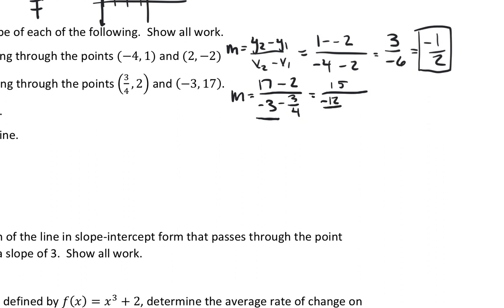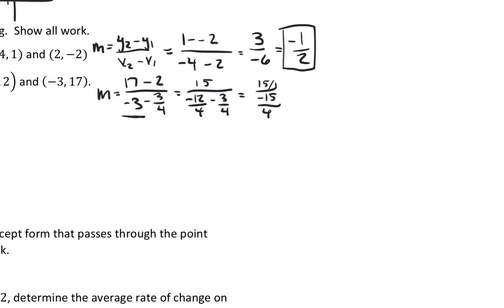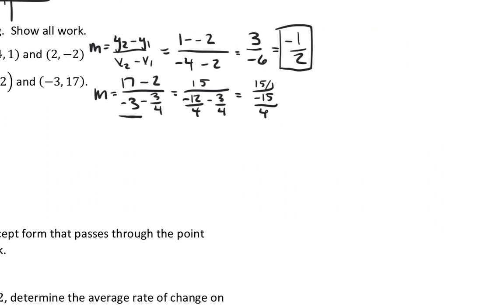So this can be -12 over 4 minus 3 over 4, which is equal to -15 over 4. Then we have two fractions here, so we multiply the top by the reciprocal of the bottom. So 1 over 15 times -15 over 4. Those 15s cancel out, and that leaves us with -4.